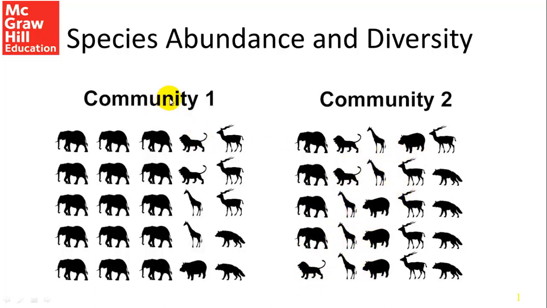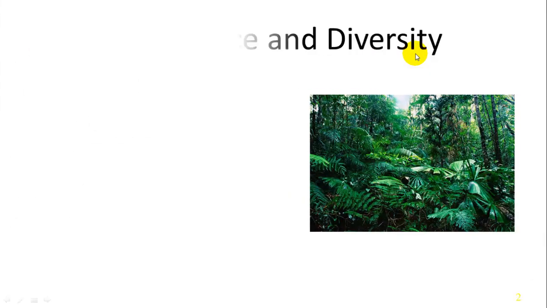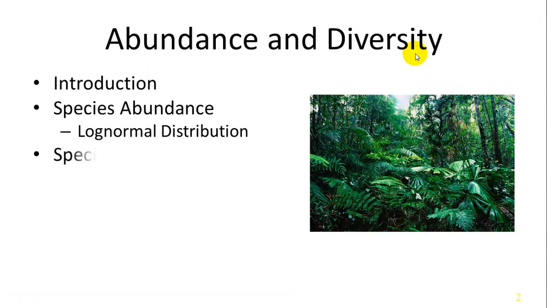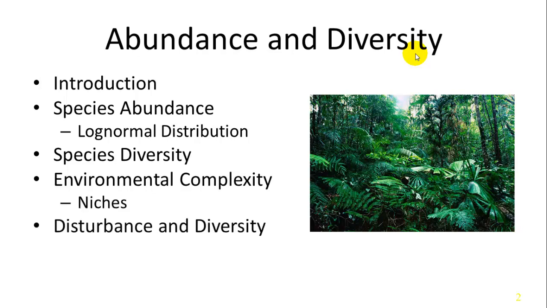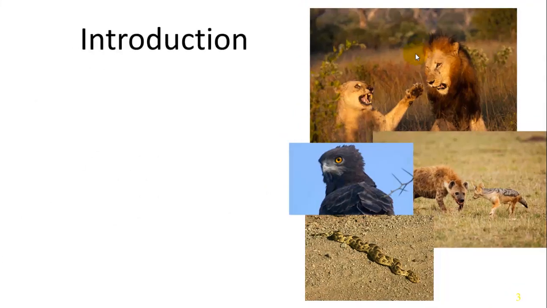Okay, so there are terms and ways to calculate abundance, and there are ways to calculate diversity. So we'll start with an introduction about this. We'll talk about log-normal distributions, environmental complexity, including niches, and then disturbance and diversity.